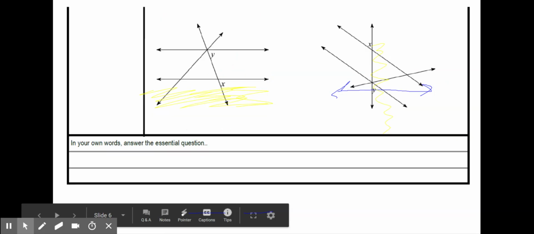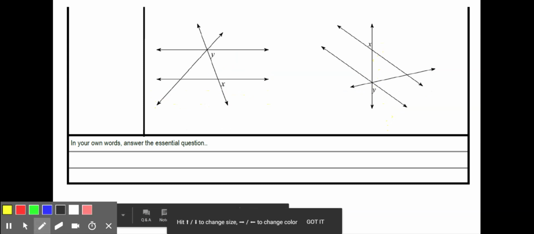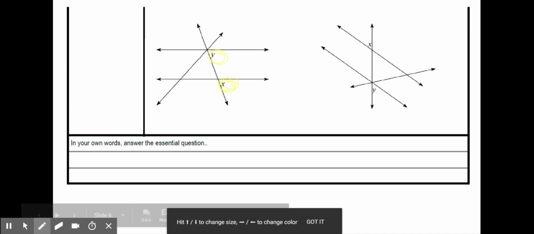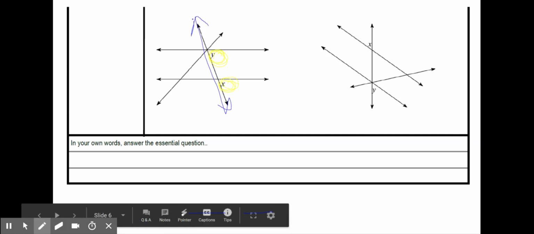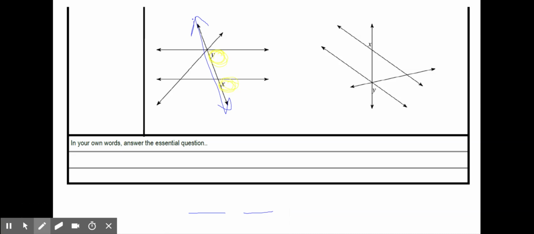Okay. Our diagrams can get really tricky. So in this case, we want to identify two angles that we're going to look at. The angle pairs are always going to be on my transversal. In this diagram, all four of these lines could be a transversal because every single one crosses two other lines.